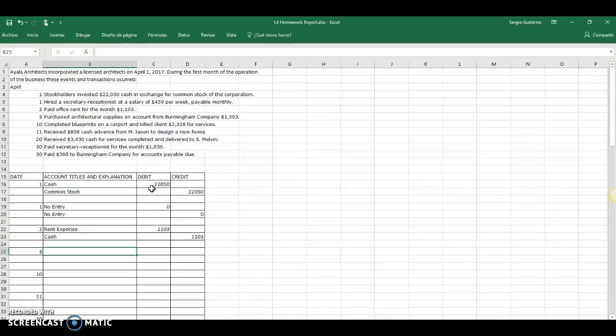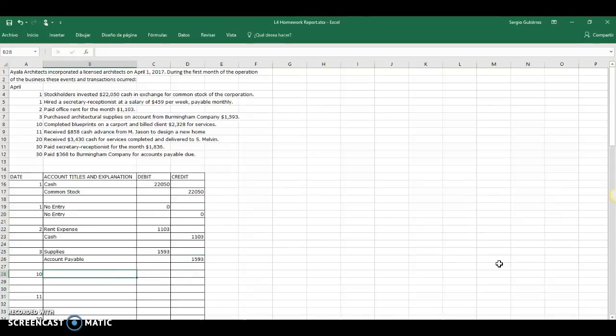So the account we are going to use is supplies for the amount of $1,593, and it has been credited to the account payable. So the account we are going to use is accounts payable, and it goes in the credit column for the same amount.